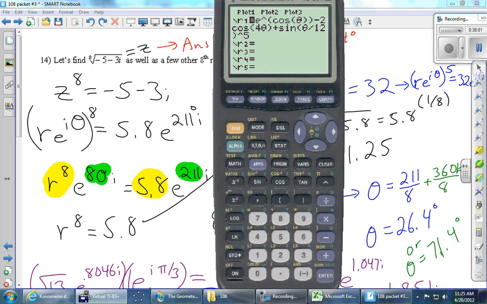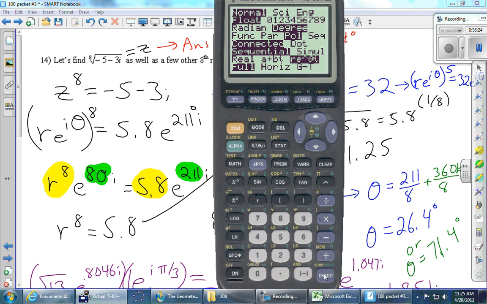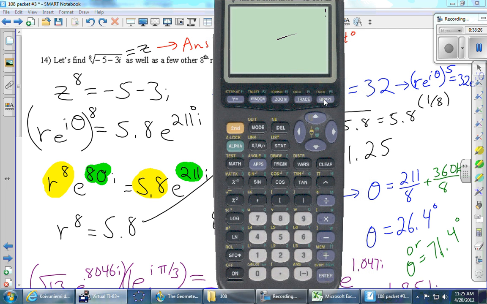I'm recording this, and if you feel like checking it out later on, you can type that in. I'll just project it here for a moment in case you watch the video and you feel like typing it in, and then we're going to graph it. And then we're going to change to radian mode so it actually does something. Mode, radian mode. Then we're going to graph it.